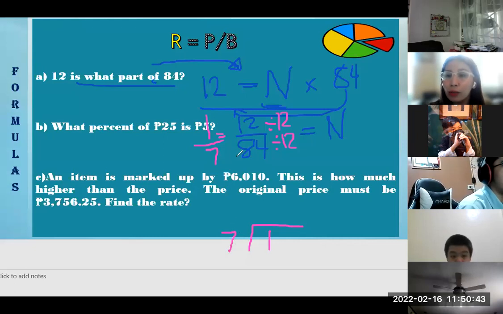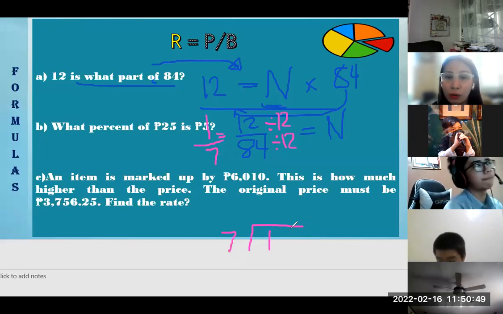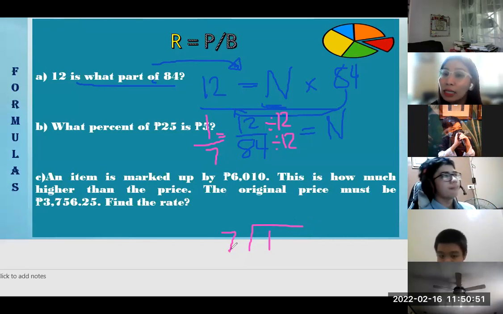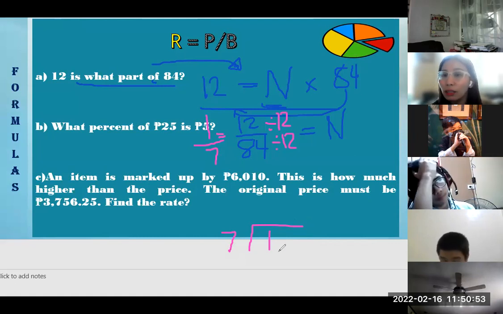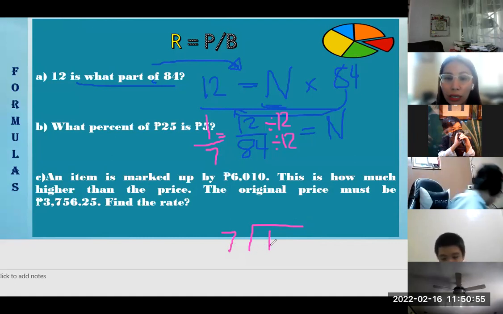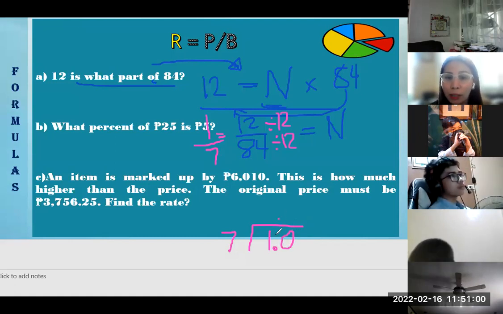Okay, the numerator will always be the dividend or inside the number sign ng pag-divide. Ganyan po. So, we cannot divide 1 by 7, right? What do we need to do is to add 0.0 para lumaki yung number.